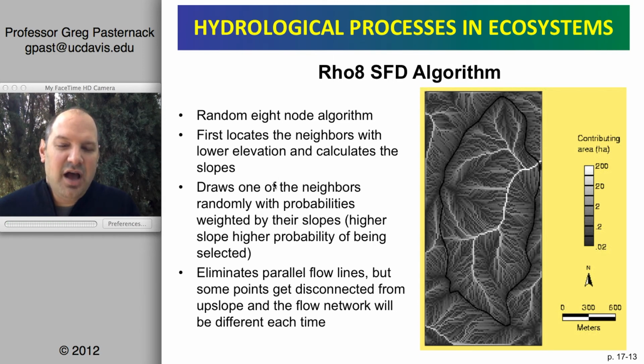And then we're going to weight the probability that water is flowing from one cell to the next on how steep it is. So the path of steepest descent has the most likely chance of receiving the water, but then you have to draw random numbers and see where it goes. And so that adds a stochastic element, which is very realistic, but it isn't necessarily repeatable. So if 10 different people make a model using this algorithm of the same landscape, they might get 10 different answers for what the hydrology is going to be.